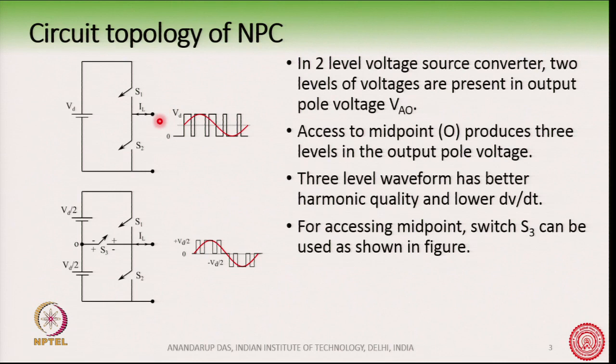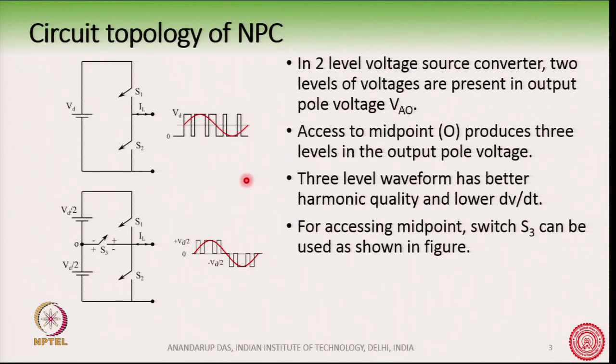If you see here, the voltage output of a conventional 2-level voltage source converter is something like this, where the output voltage varies between 0 and Vd. By using sinusoidal pulse width modulation, we change the width of the pulse sinusoidally, so that we get an embedded sine wave inside the output of the converter.